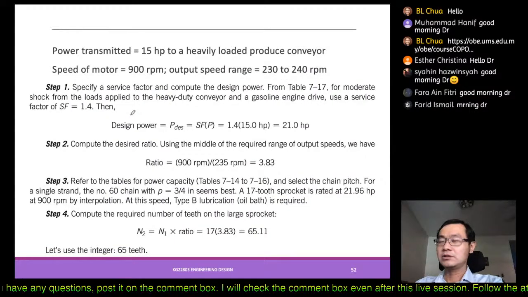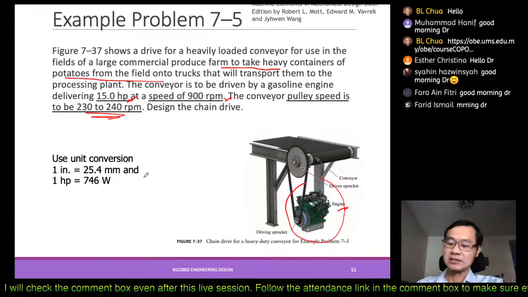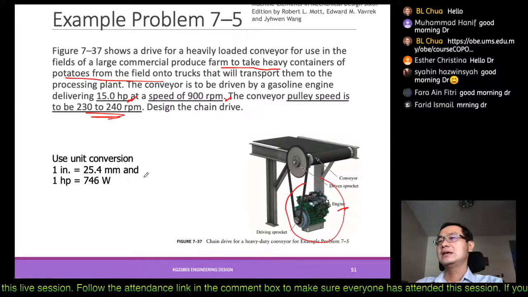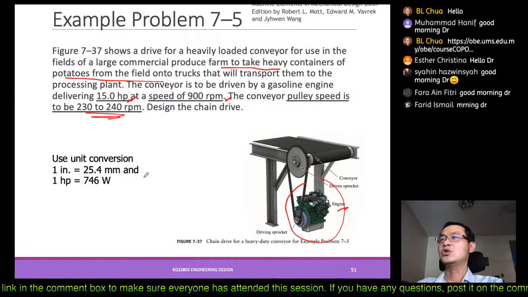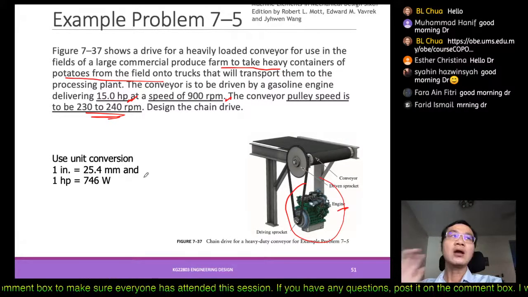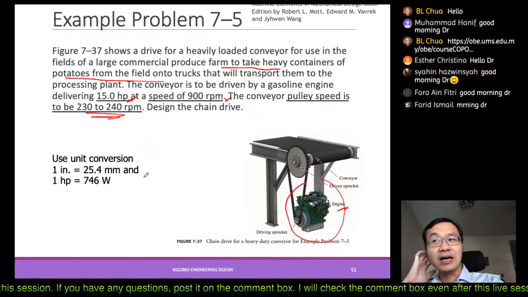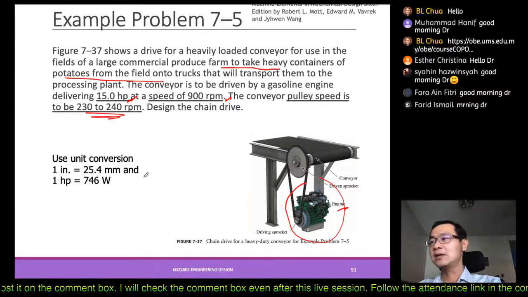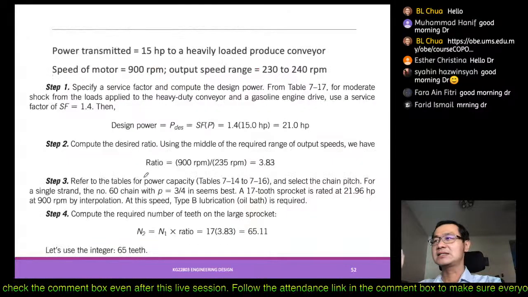Again, this conversion unit I put here as a general reminder. Sometimes it is in horsepower, sometimes in kilowatt, sometimes in inch and so on, and the catalog again sometimes is in different units, so you have to know how to convert them and use them. But for the equations, exactly the same.